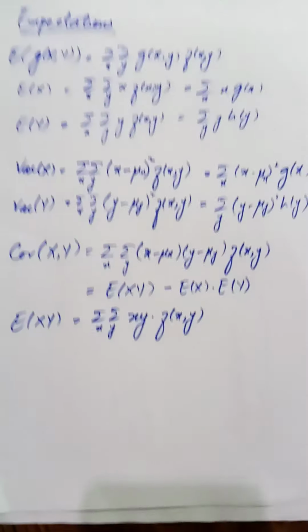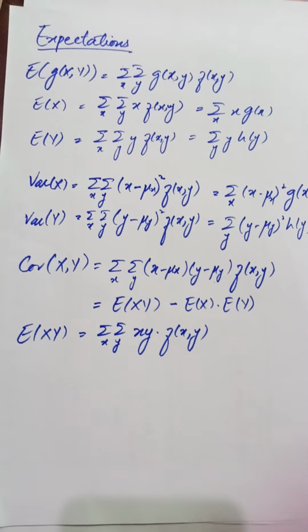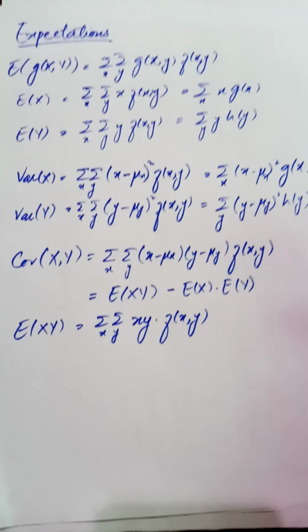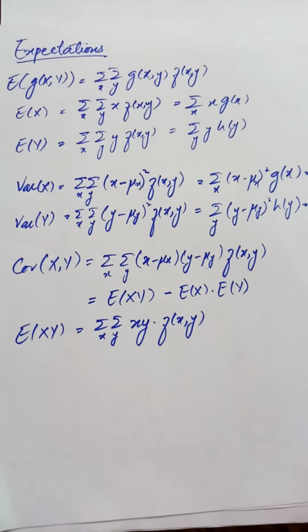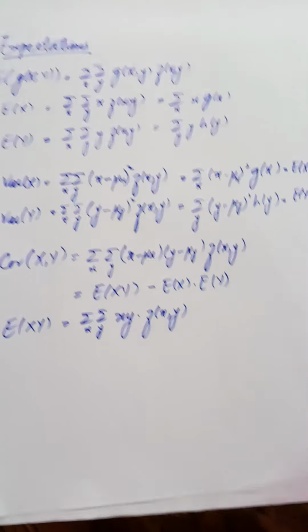We will solve this and get the expectation of xy. And we can then use them to calculate covariance, and marginal densities to calculate variances. Now let's practice these expectations over a question.